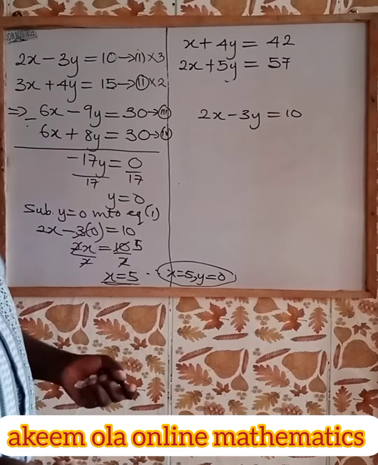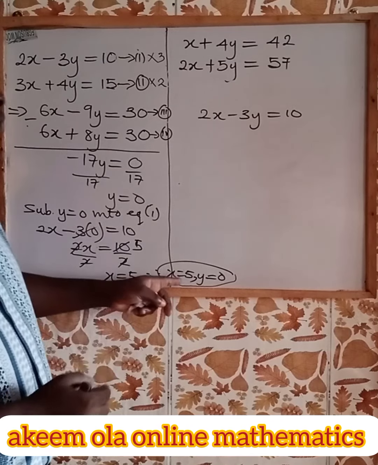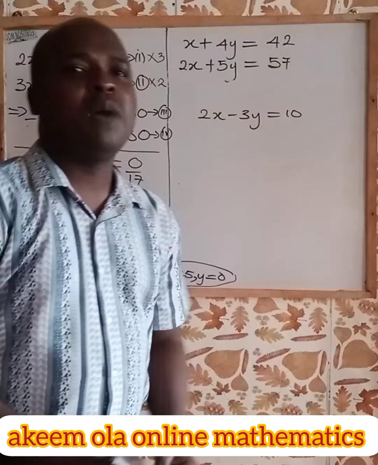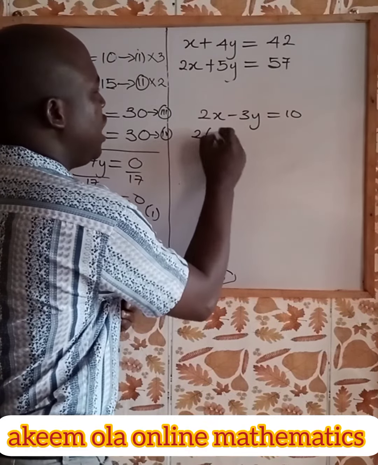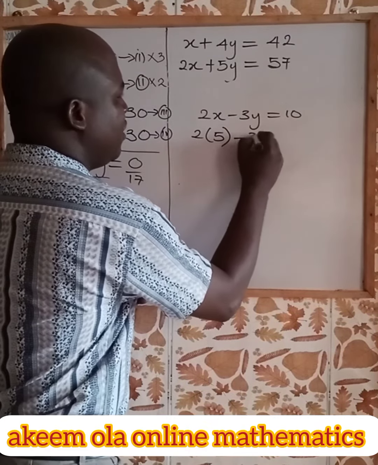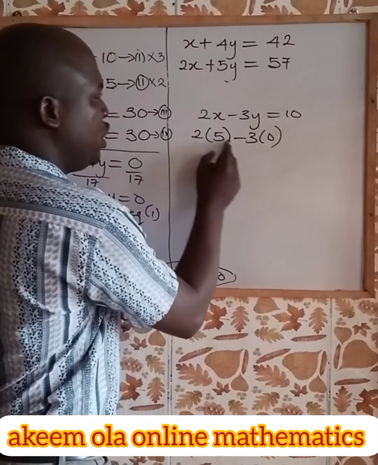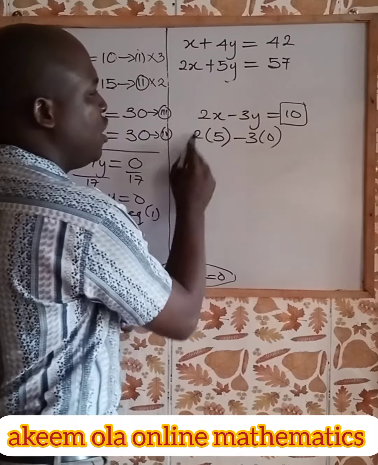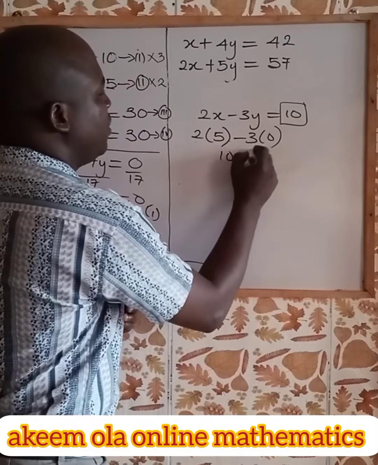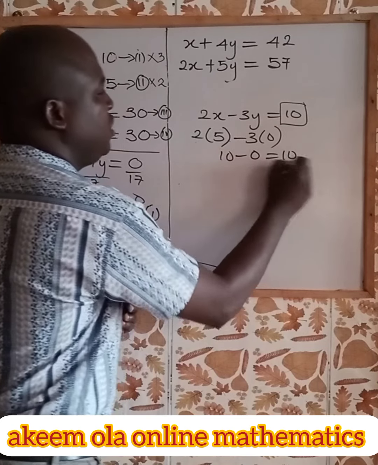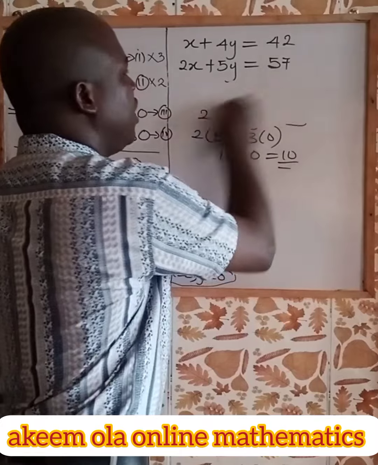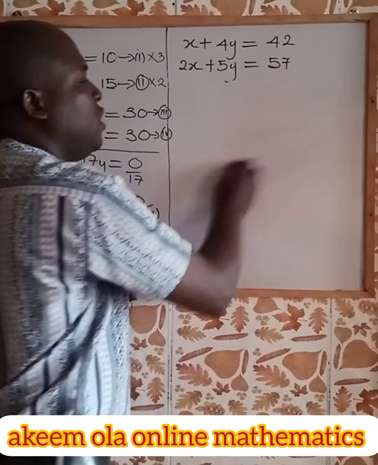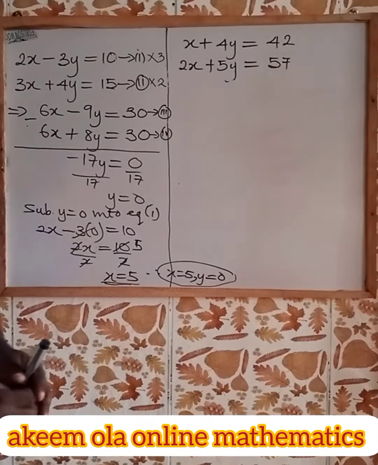That means anywhere we see x, we represent it with 5, and anywhere we come across y, we represent it with 0. That means you are going to have 2 into 5 minus 3 into 0. We must get this answer back. 2 into 5 will give us 10. Minus 0 will give us 10. If you substitute it into the second equation too, it will give you this 15 that is here.